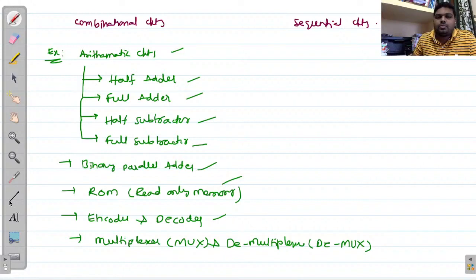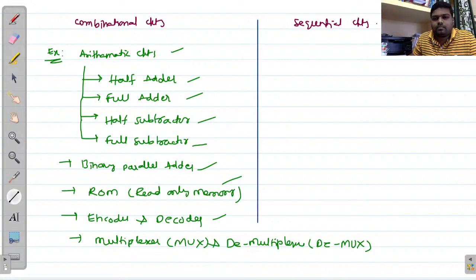And when it comes to sequential circuits, here we have some examples. Serial adder.